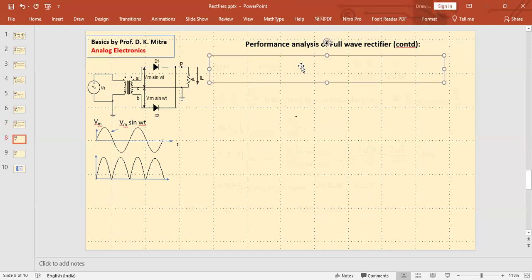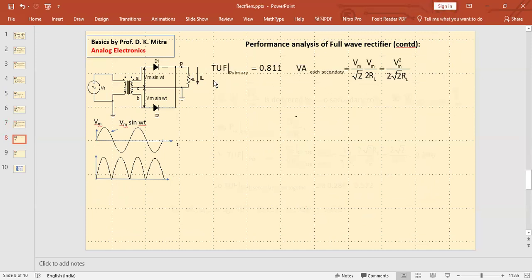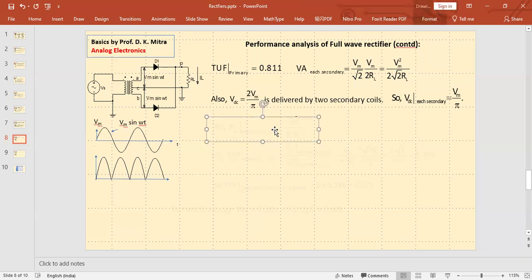When you go to the next page, transformer utilization factor of the primary, which comes from the earlier page, I have put it here: 0.811, and VA rating of each secondary was this. Also, VDC is 2 Vm by pi, which is delivered by two secondary coils. So VDC by each secondary is Vm by pi, right?